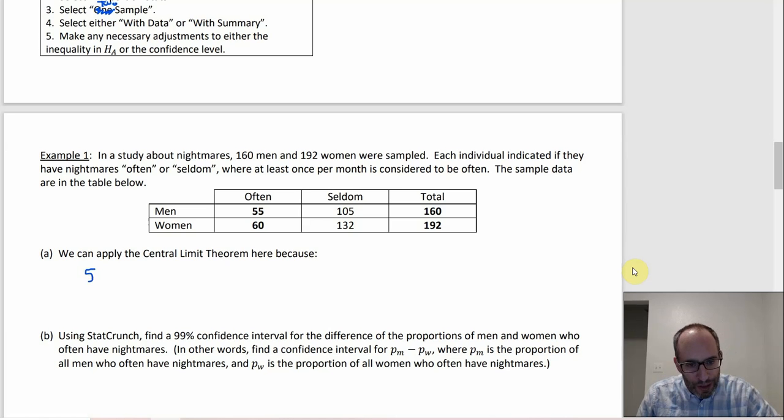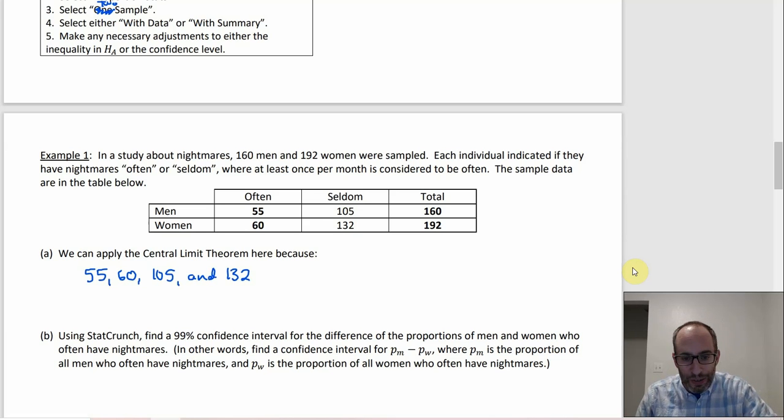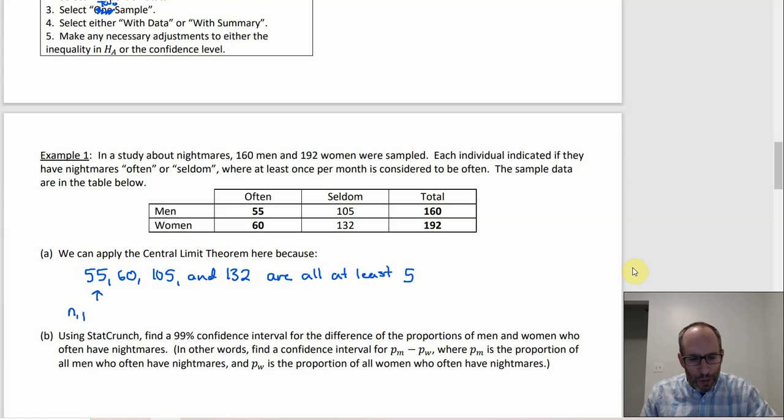But the 55, 60, 105, and 132, so the two numbers of successes and the two numbers of failures are all at least 5. So these actually are like that, the 55, that is N1 times P1 hat, or I guess NM, if you want to use M for men and W for women.